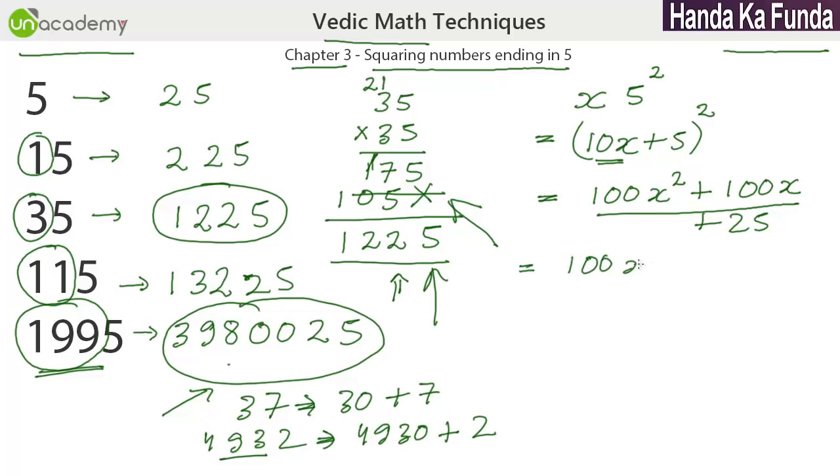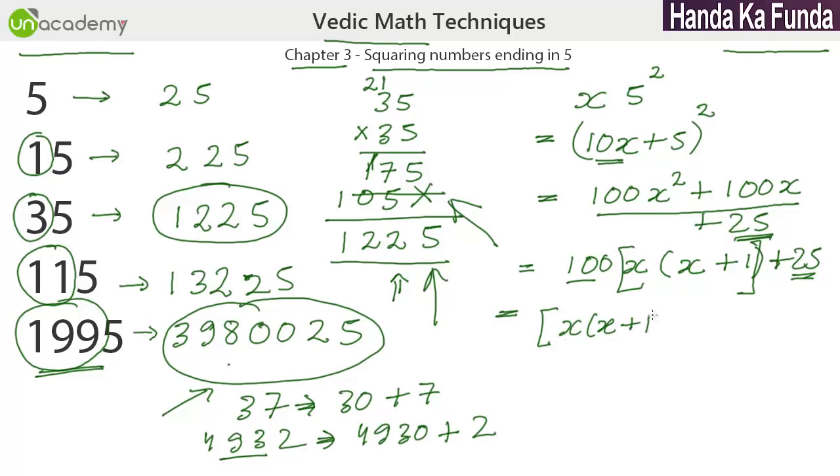I'll get 100x as common and I will be left with x from the first term and 1 from the second term, plus 25. This is the same 25 which comes here.